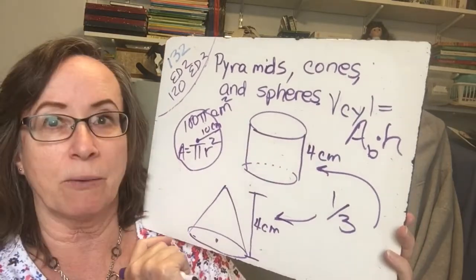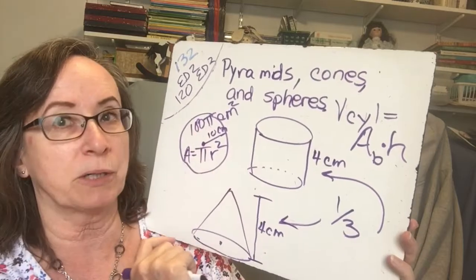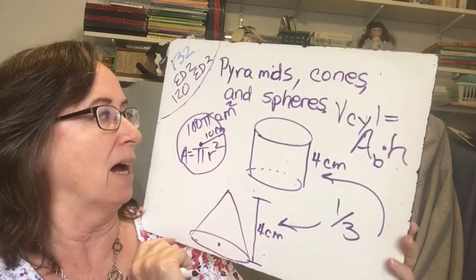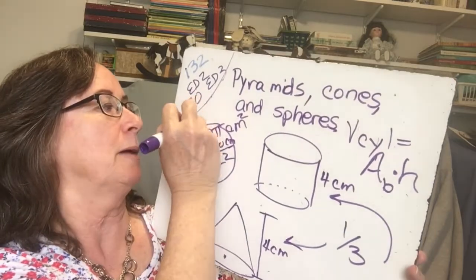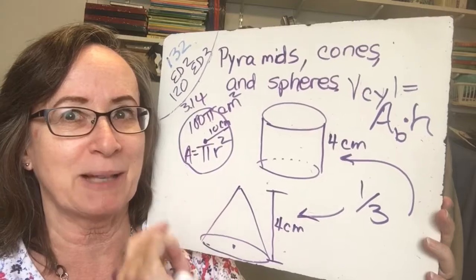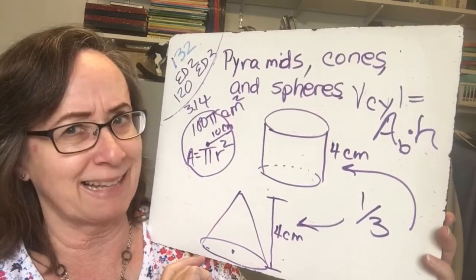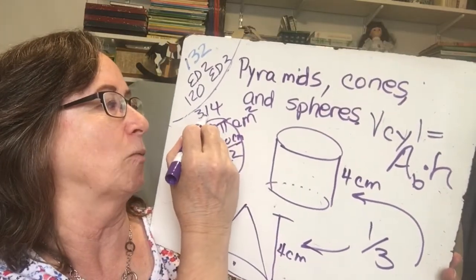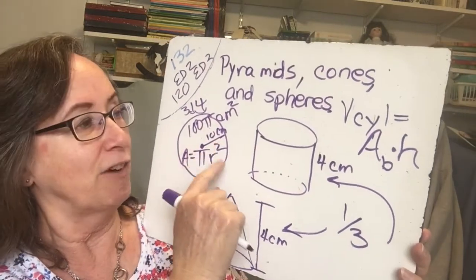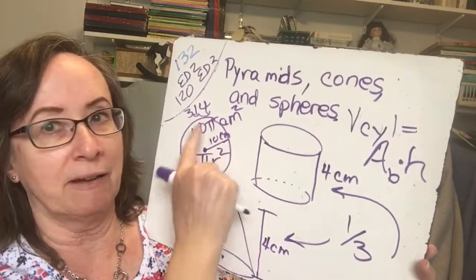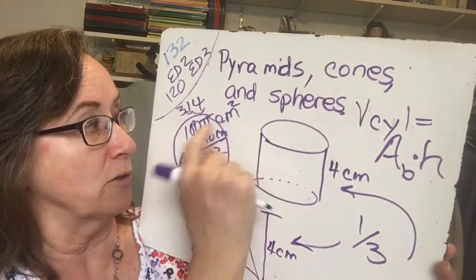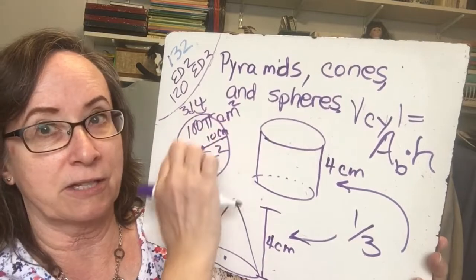Now, instead of pi, we're going to use 3.14. And when we multiply 3.14 by 100, doesn't it move the decimal place 2 places to the right? That's easy multiplication, isn't it? So 1, 2. The area of this is 314 square centimeters, and that's the area of the circle.